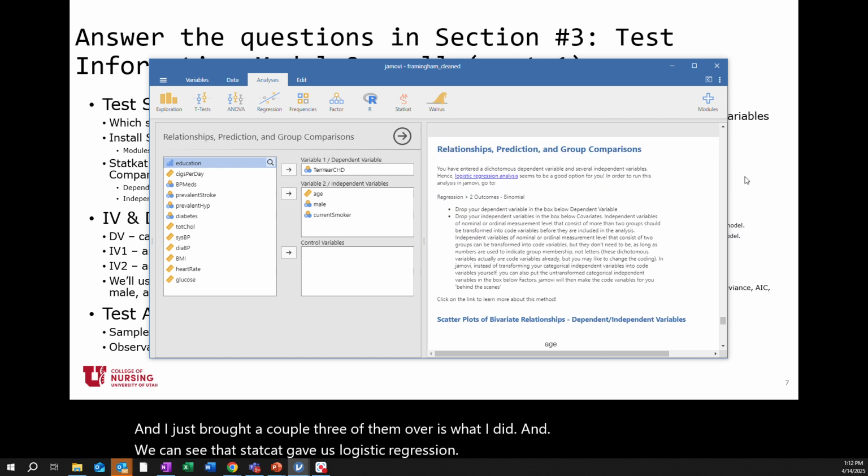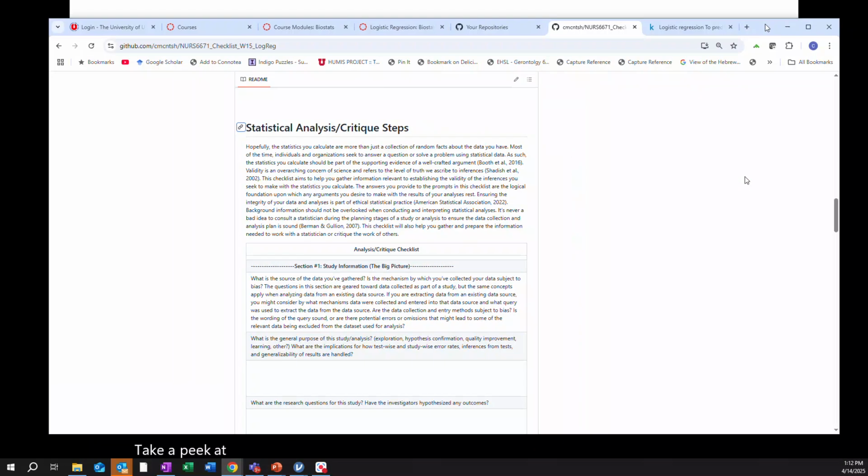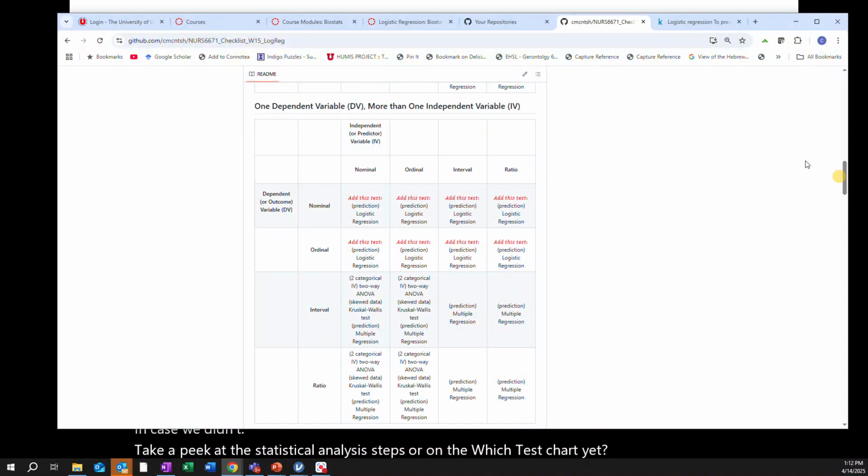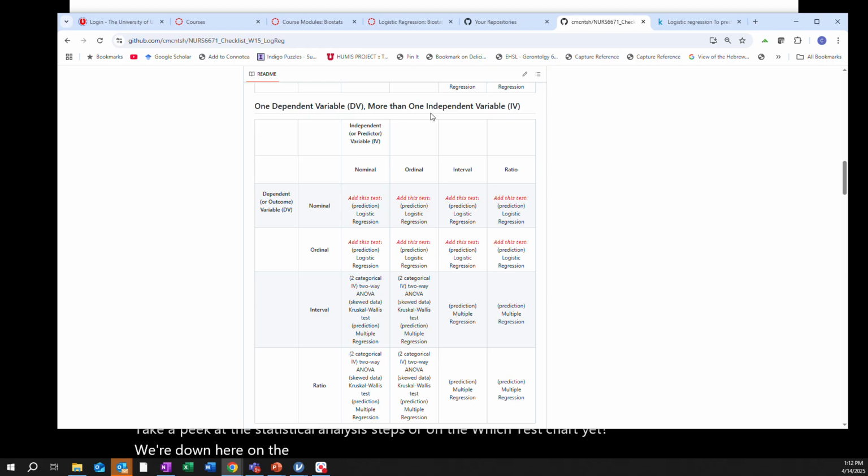In case we didn't take a peek at the statistical analysis steps or the which test chart yet, we're down here on the one dependent variable, more than one independent variable graph, and we can see that for categorical outcomes, which are nominal and ordinal, we can have any level of measurement, and so logistic regression.